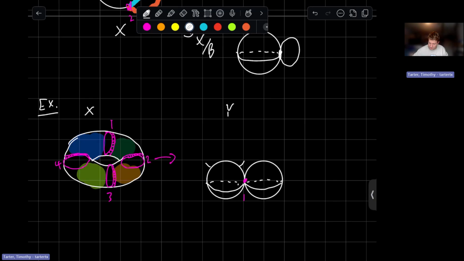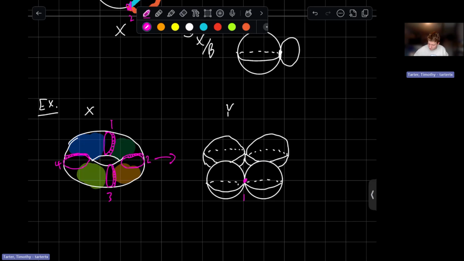This is where I have to not screw up. It looks like this.